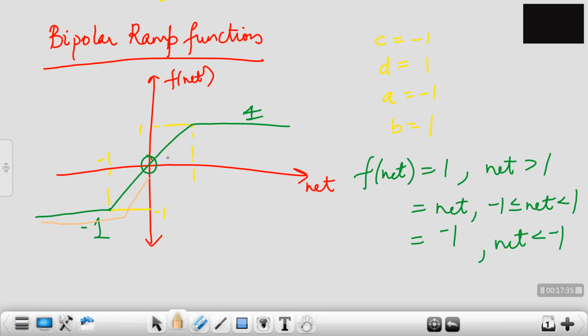The function is continuous, there is no discontinuity, but at this particular point the function is not differentiable. So everywhere else it will be differentiable, but at these particular points C and D the function will not be differentiable. So that is a disadvantage of ramp function, and that is the reason we go in for sigmoidal functions, which we shall see next.